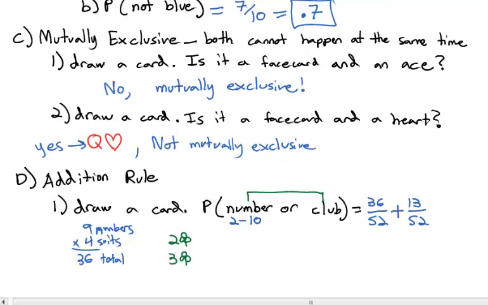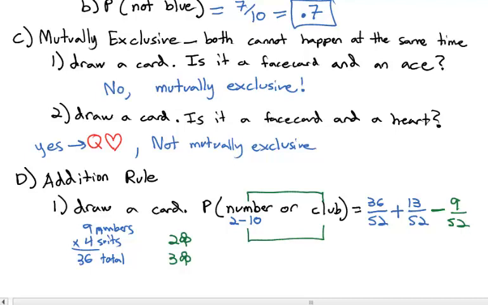These have been counted both as numbers and clubs. So we have to get rid of the double count, similar to what we did with the Venn diagram. To find the missing part, we had to subtract what we already knew. Subtract out the double counted. How many are in the number club group? Well, it's the numbers 2 through 10. There are 9 numbers. There are 9 repeated cards out of the 52.